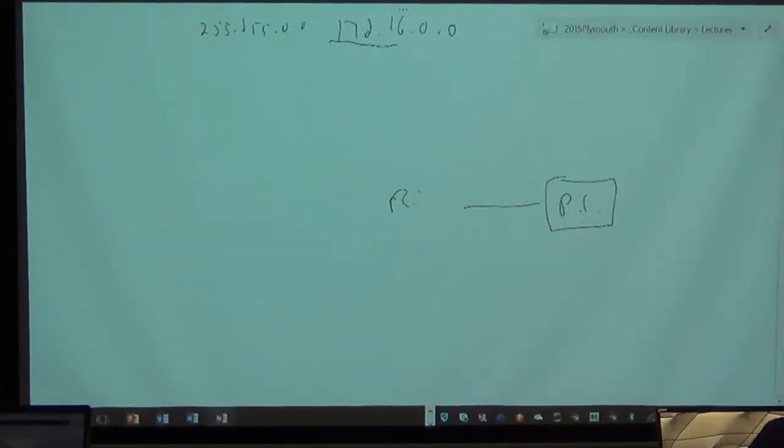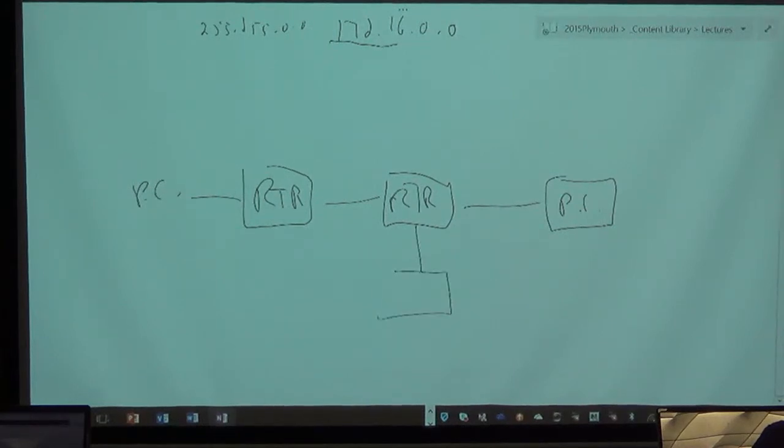So I've got the PC, I'm just drawing it so there's a lot less stuff. Then I've got a router. Then I've got another router over here. Then I've got a network. Let's just say it's one PC. Then I've got a router down here. And then the PC that we've been talking about.